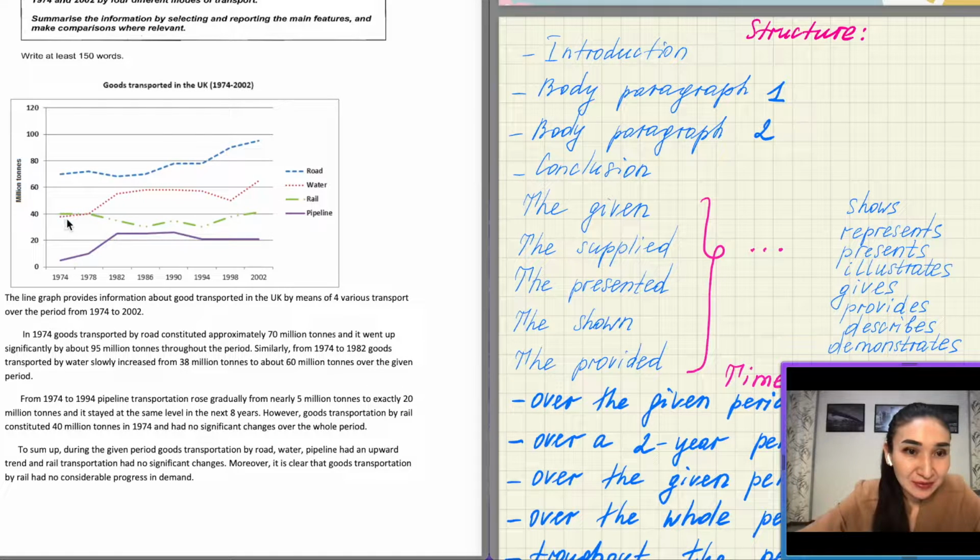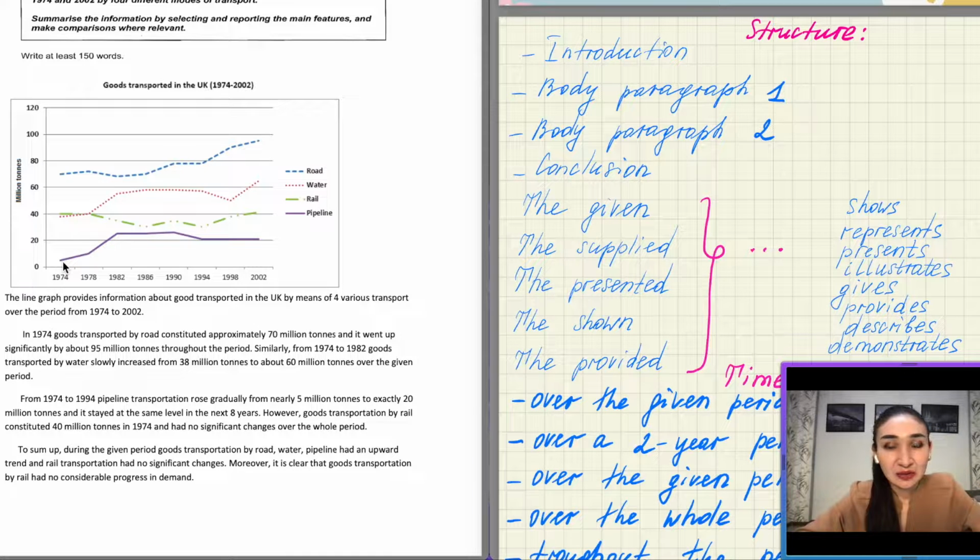So further, water also increased, not just moderately, like a sharp increase, and it stayed at the same levels, then a sharp decrease, and then a sharp increase. Further, in case of rails, it slightly decreased within a couple of years, and then it came to its previous level as it was at the beginning.